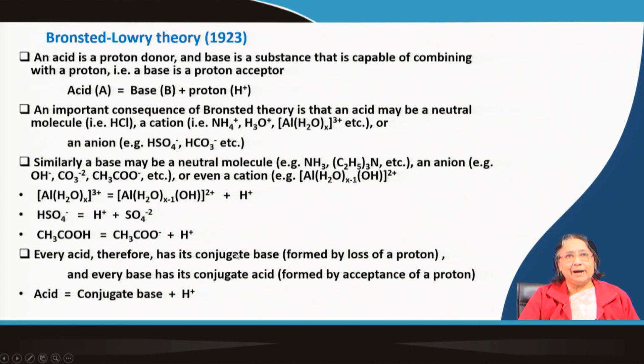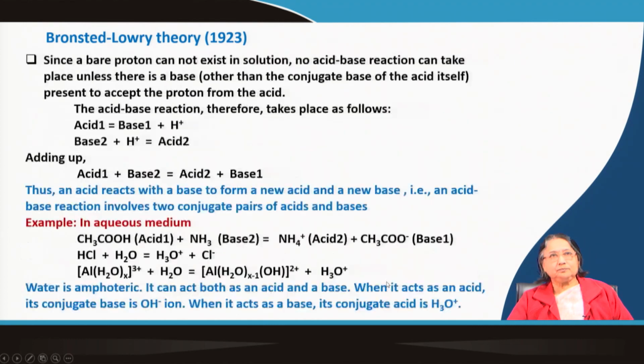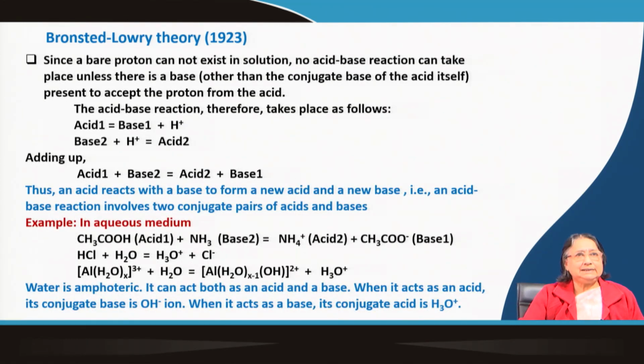So, it is formed by the loss of a proton, and every base has its conjugate acid formed by the acceptance of a proton. So, it is also called conjugate acid base theory. Now, this theory is very nice in terms of that it can explain many molecules or ions why it is an acid or it is a base.